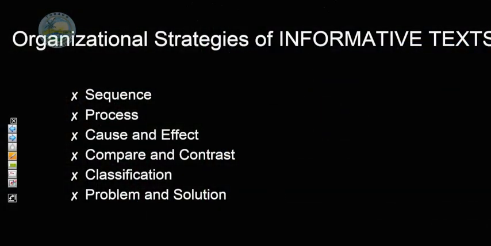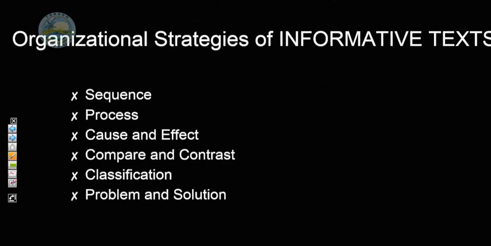Organizational strategies that you can find in information texts will include, but not limited to, these. Sequence. When you're looking at informative text, you're going to see language that speaks of a sequence. First of all, secondly, next, in addition, in conclusion.